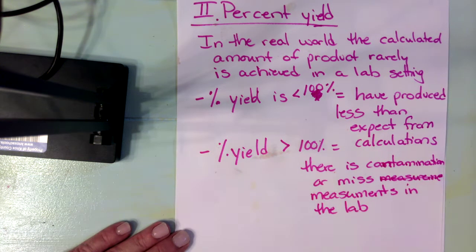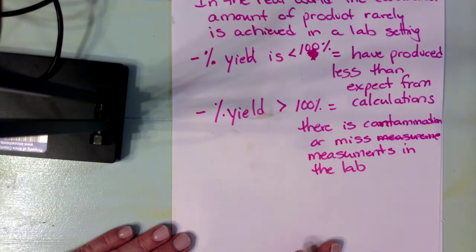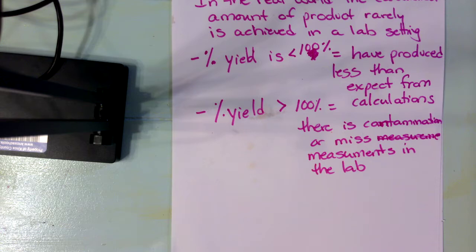This also can occur if we are not using tools that are very precise or accurate. We can actually get above 100% because our calculations were off or our measurements were off in the very beginning. Rarely is the error due to our calculations from our limiting reaction equation.